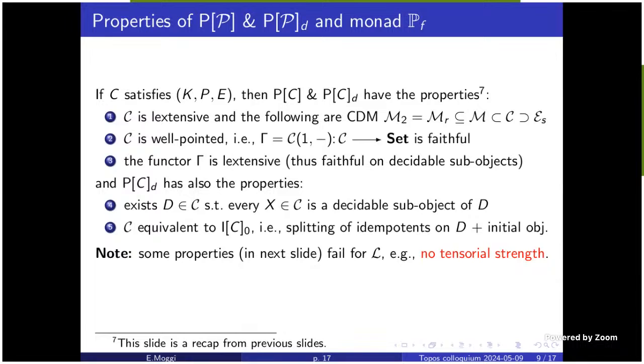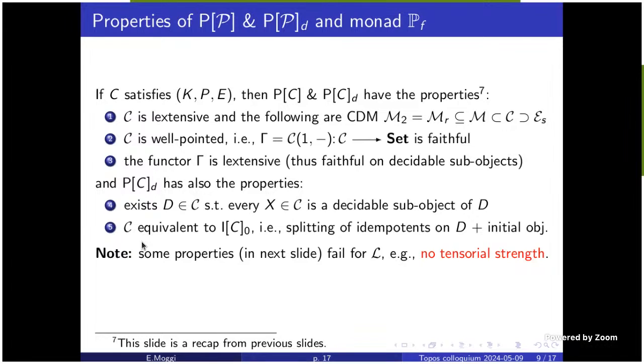Now I will focus just on the case when C is the monoid of polytime computable maps on bit strings.